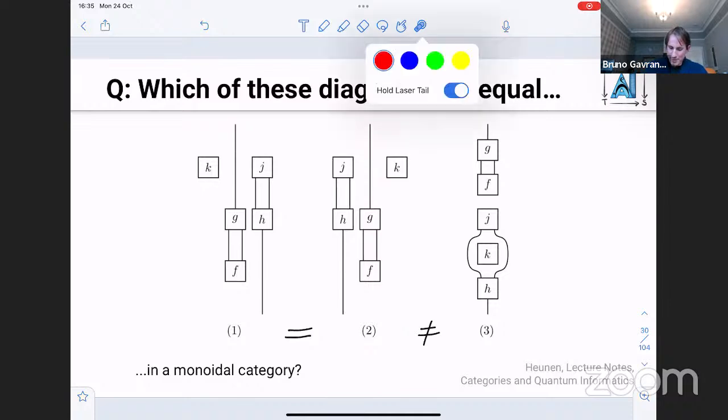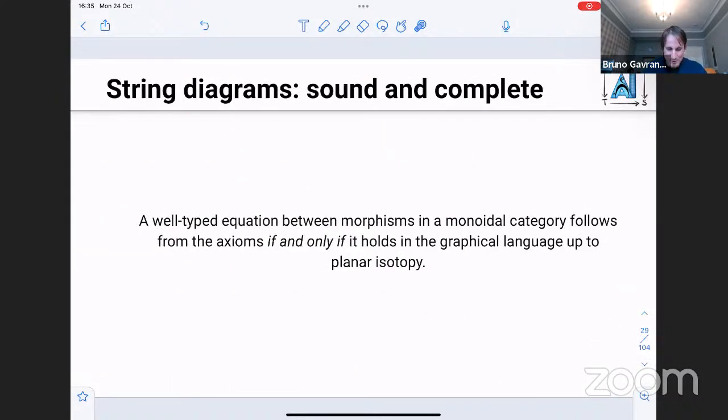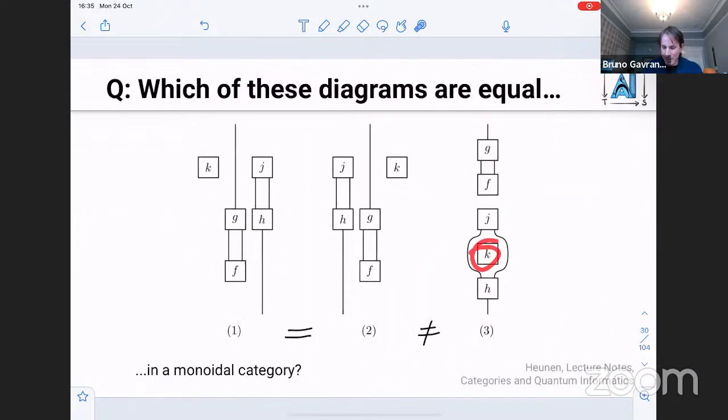Just to remind you what the previous slide was, morphisms are equal in a monoidal category if in the graphical language, up to planar isotopy, they are equal. And we can see that planarly, we cannot move k in any way out of this little encirclement.